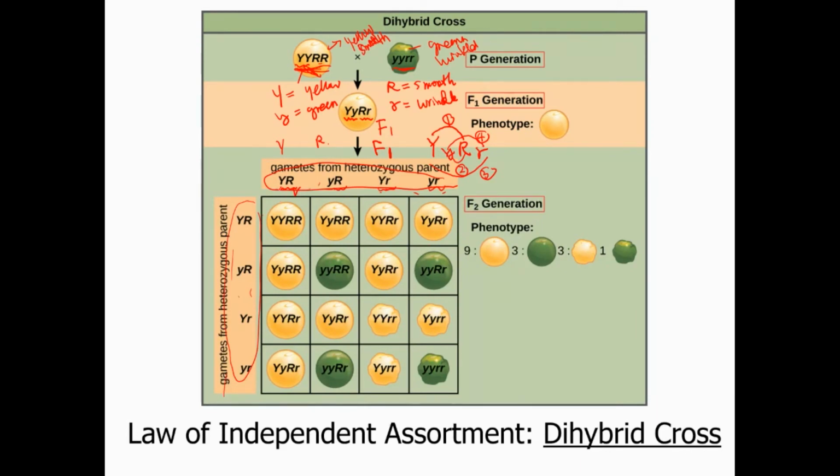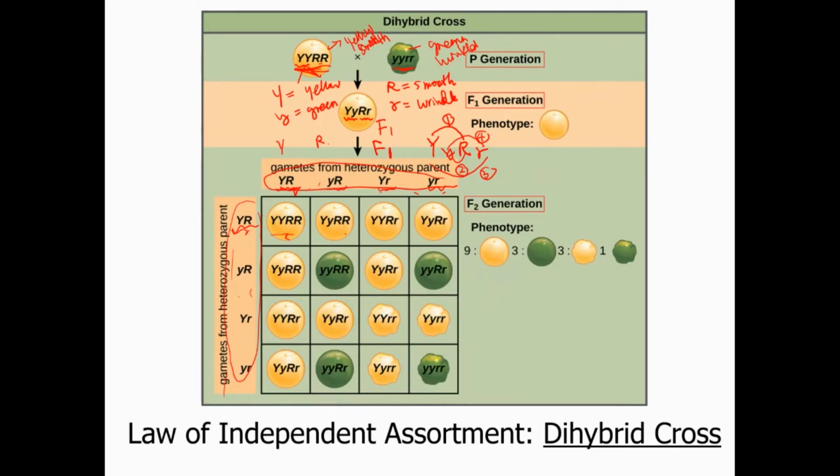So if you have this gamete fertilizing this gamete, then this is what you have, the genotype for the seeds. Okay? And the same thing here. So you just write out genotypes for all possibilities, and this is what you see. Let me explain the phenotype they assign to each seed.